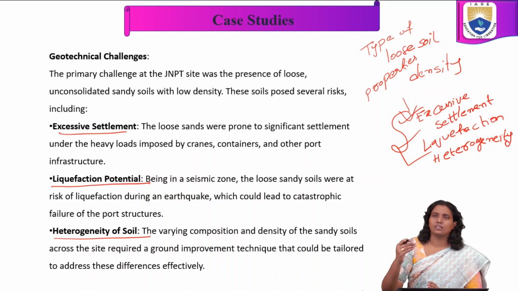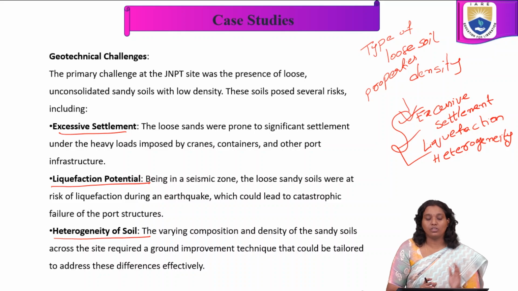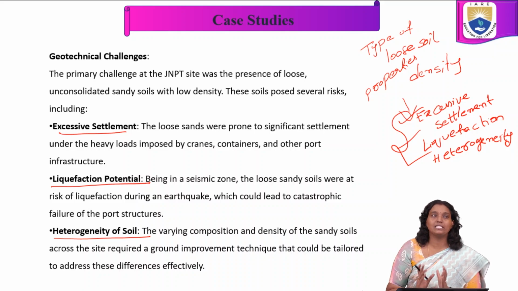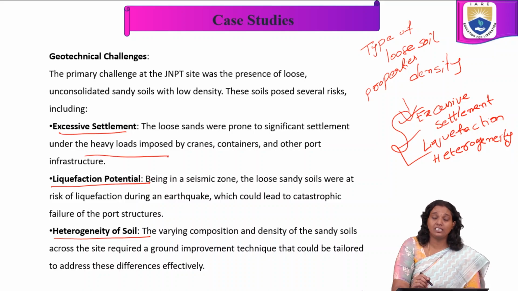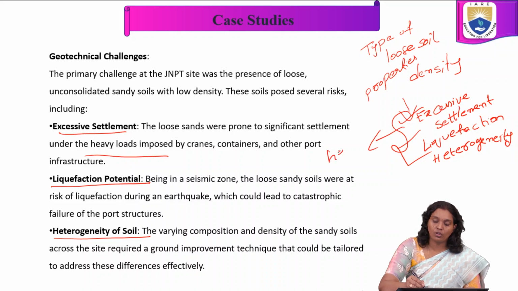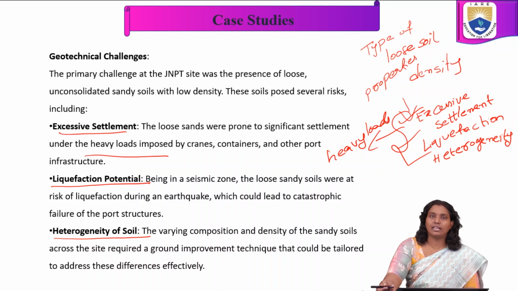The ships carry heavy goods, so these required heavy cranes, heavy machinery and containers. Other port structures also come under heavy loads. So it leads to settlement because of the heavy loads.